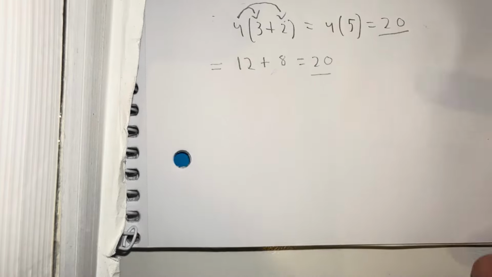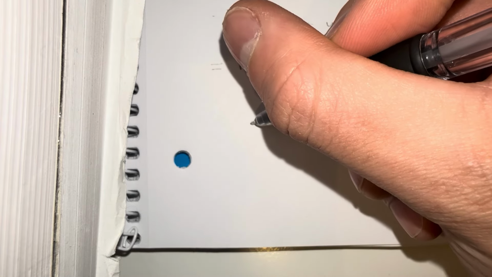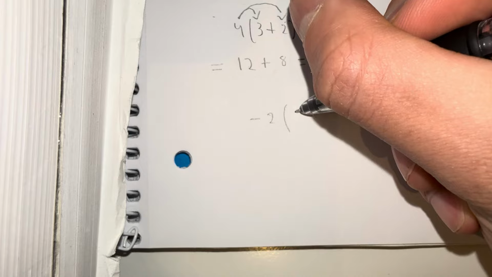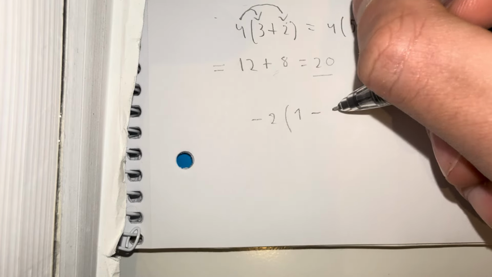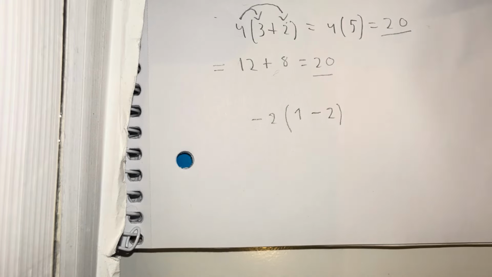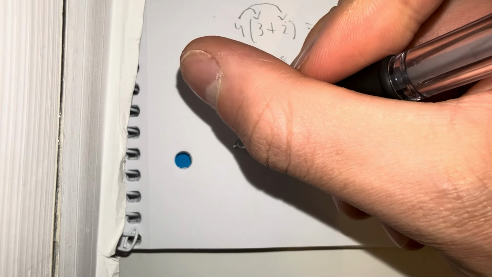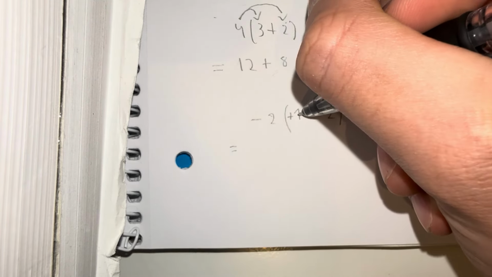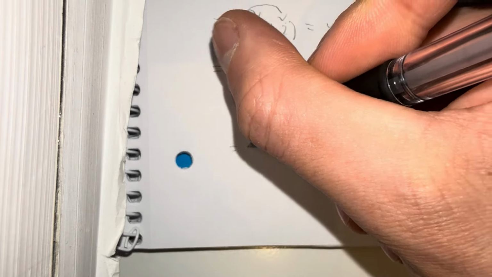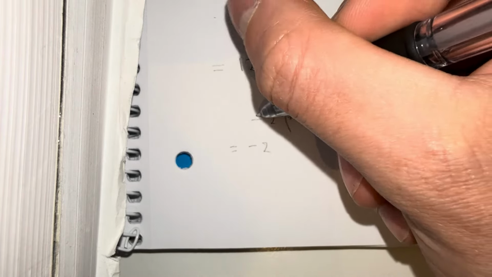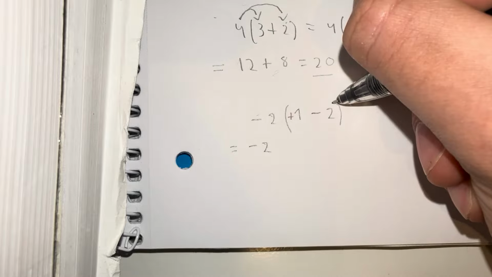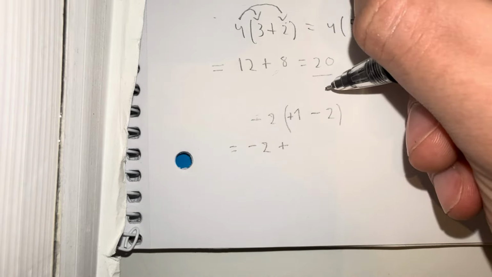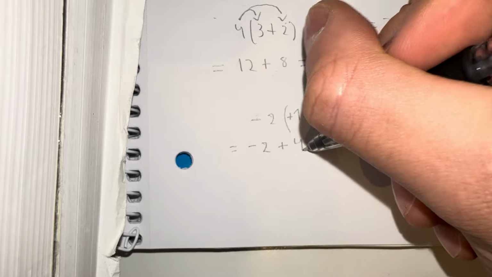Now let's do a combination. Negative 2 times 1 minus 2. Negative 2 times plus 1 is negative 2. Negative 2 times negative 2 is plus, because those 2 minuses become a plus, plus 4.